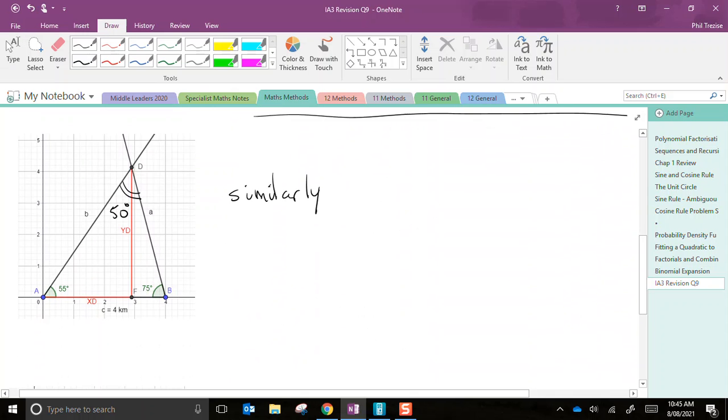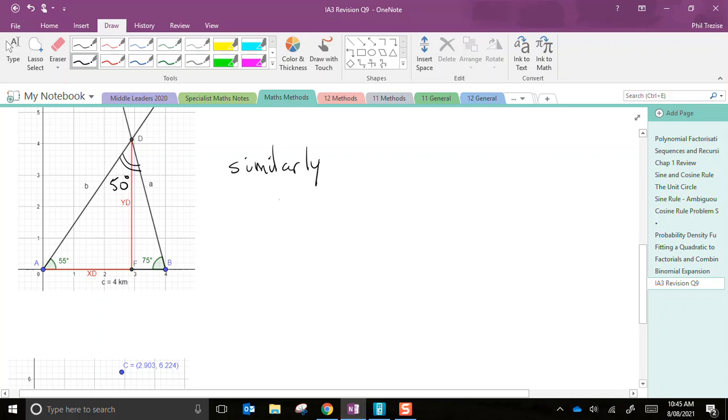Now I'd encourage you to write it all down, but this time I get that the x-coordinate of point D, so there's tower D, that one is 2.893 kilometres, and the y-coordinate of point D is 4.132 kilometres.